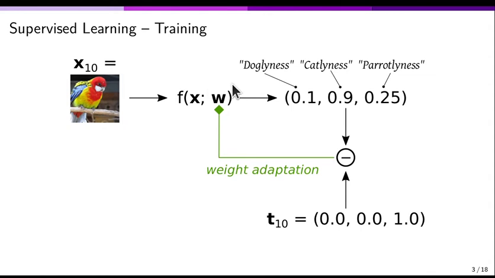Maybe we randomly generate our initial set of connection weights, or we've done some sort of nice solving, whatever. We take that initial set of connection weights, take that image, and get an output. Say this is the actual output, but this is the desired output, because this is supposed to be a parrot.